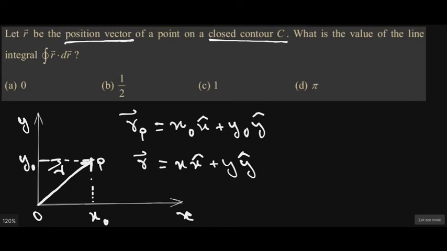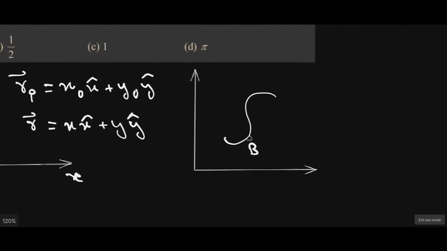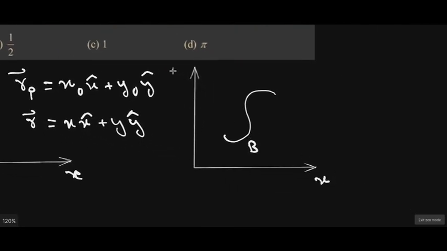For closed contour C, closed contour here basically means a curve, but at every point on the curve a function is defined. Let's say this is our curve, let's call this B. This is our x-axis, this is our y-axis, and at every point on this curve a function is defined, like f of x comma y is x squared plus y squared.